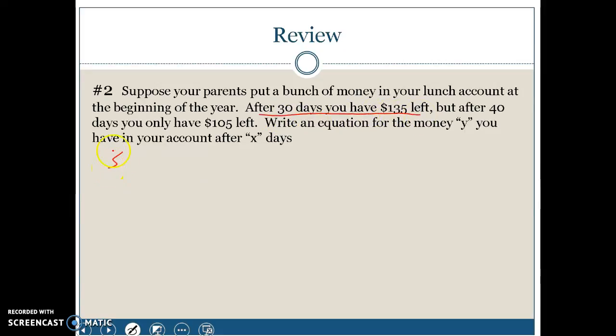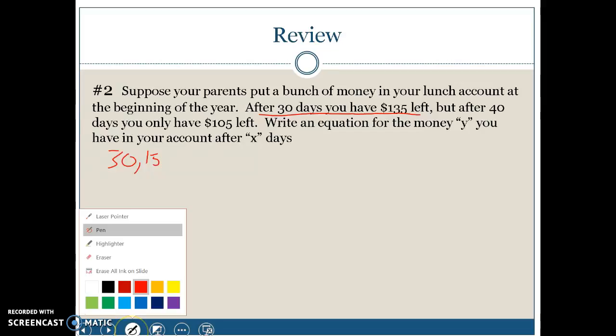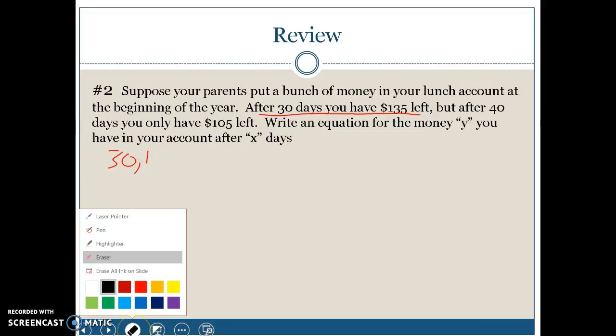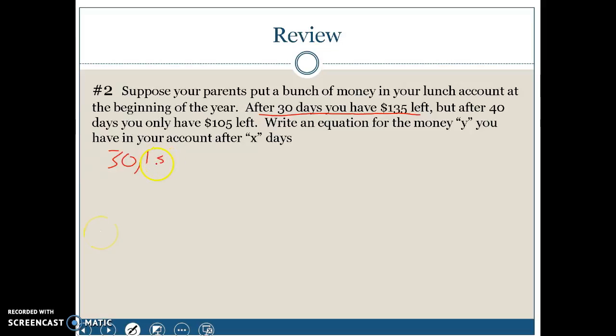That's 1 point. After 30 days, you have $135 left. The other point that they've given us is that after 40 days, you have $105 left. We want to write an equation of a line that goes through those 2 points.